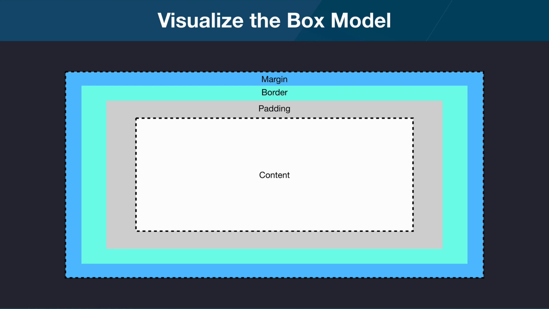So every single HTML element falls under this paradigm, where we have an invisible margin around the element, a border that could be seen or solid. You can make it 1 pixel or 3 pixels thick, a solid line, a dotted line or whatever, and then some padding that separates that border and the content, and then the content itself, which also gains some sort of weight.